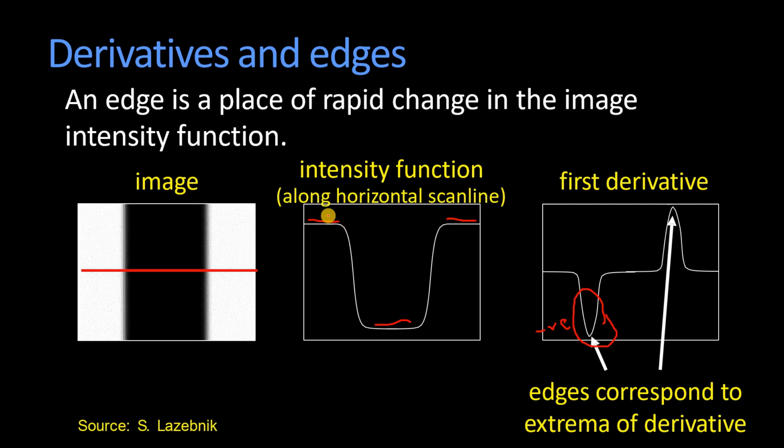Remember, when the function is decreasing, its slope is negative, so the rate of change is negative. If the function value is increasing, its slope is positive. That's shown over here. These edges correspond to some extrema of the derivative, the extreme point of the derivative. This extreme value represents the location somewhere in the middle of this transition. Clear?